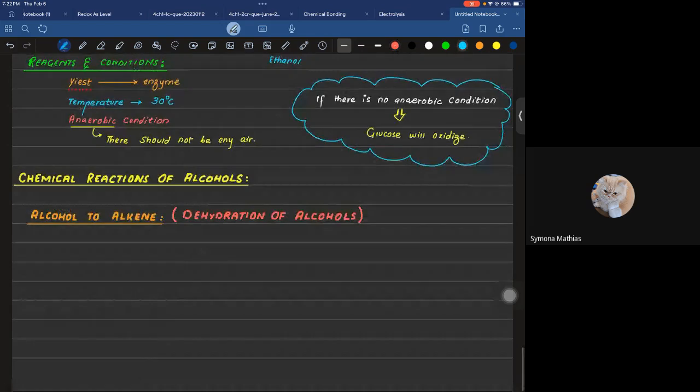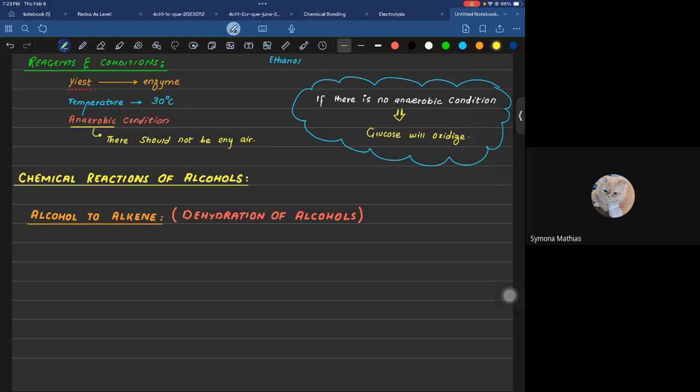So if you want to do dehydration, again I would say you need some reagents and conditions. So a dehydrating agent should be used. A dehydrating agent is the one which removes water, which absorbs water from alcohol. So if you use a dehydrating agent, that is sulfuric acid.